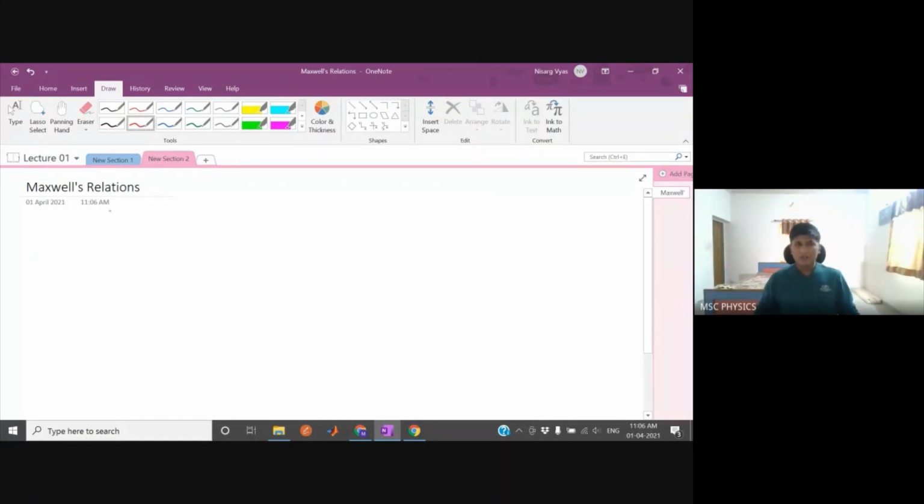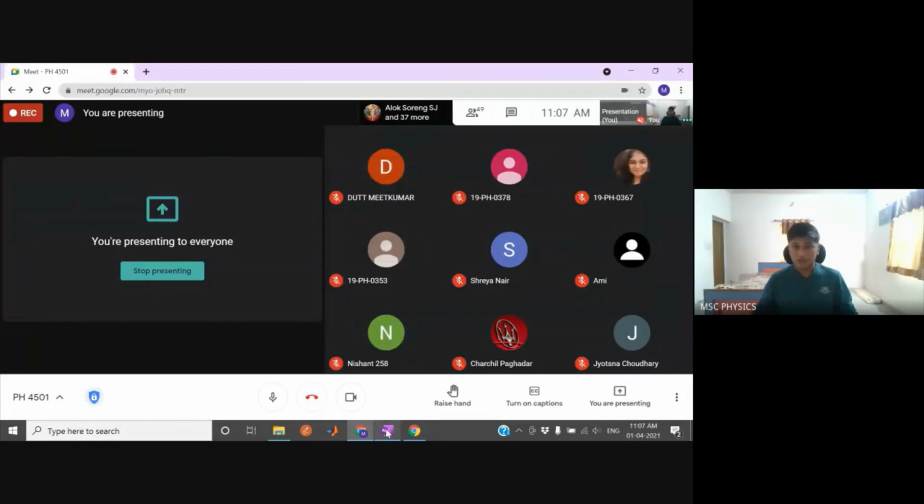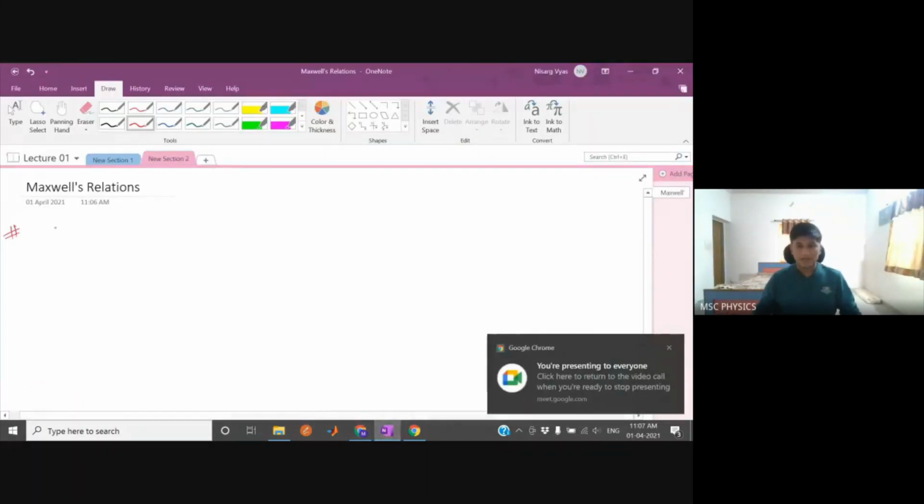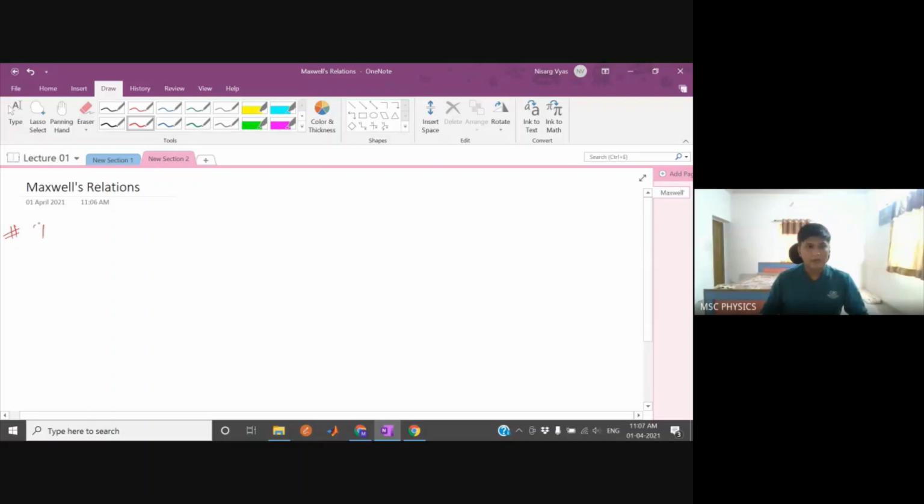Before doing Maxwell's relations, as we did yesterday, we will do some mathematics. Since this chapter's title is mathematical methods, we will do some mathematics, and after that we will reach the conclusion. So we are doing two mathematical theorems.